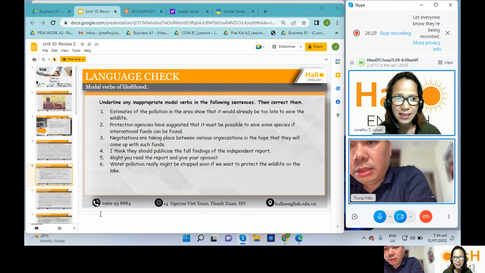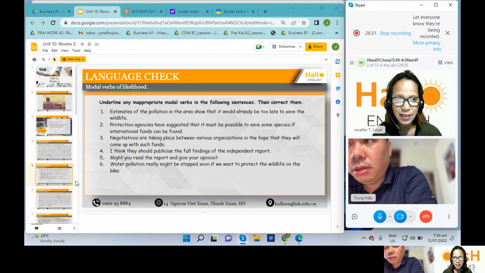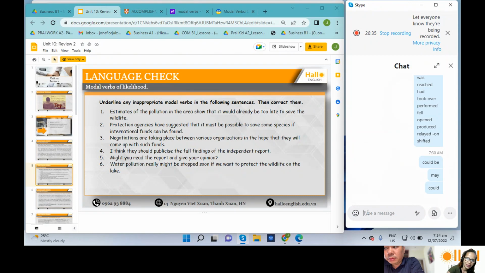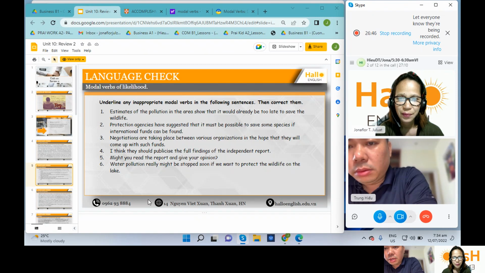So what is the best modal verb instead of might? Yes, could. Could is another answer. Could you read the report and give your opinion?